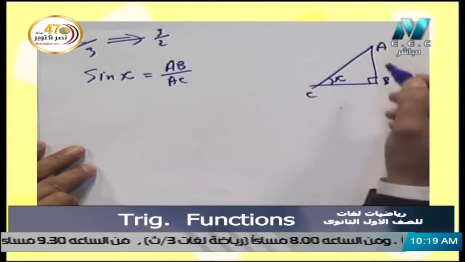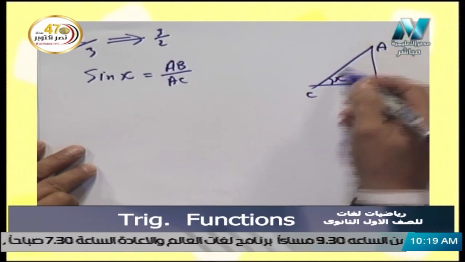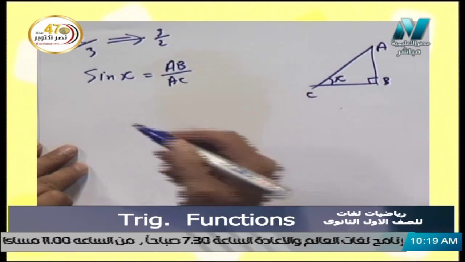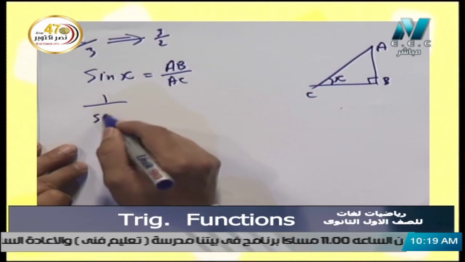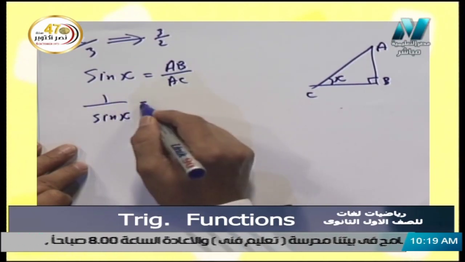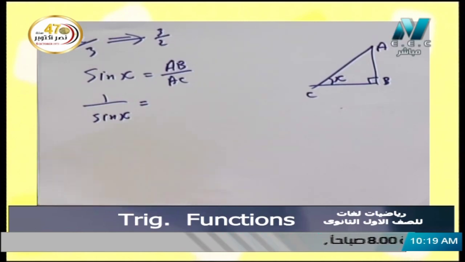So sine x is AB over AC, opposite over hypotenuse, and its reciprocal will be 1 over sine x, and we call it cosec x.